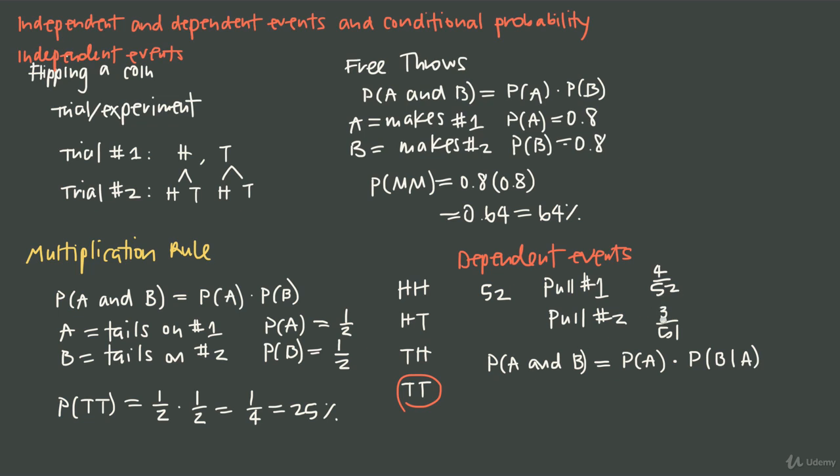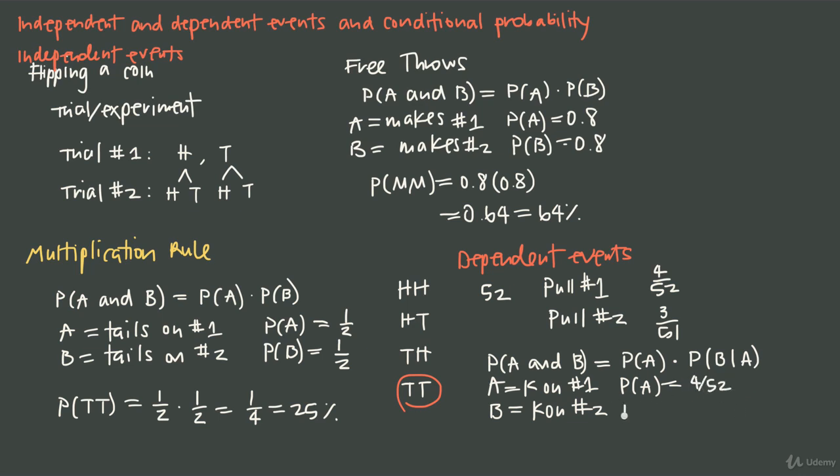So for instance, if we want those two kings in a row, then event A would be a king on pull number 1. Event B would be a king on pull number 2. The probability that A happens, well, again, when we have pull number 1, we have a complete 52 card deck. There are 4 kings in the deck, so the probability that we pull a king is 4 out of 52.